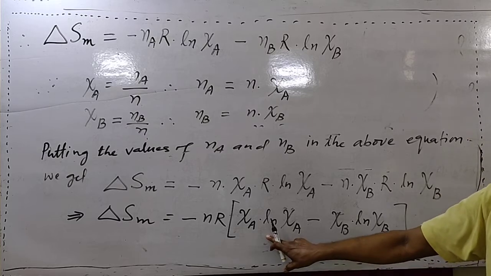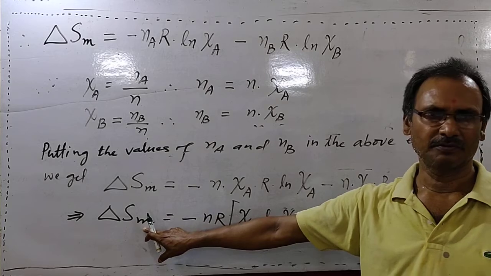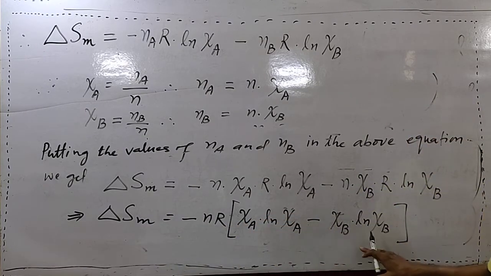This is the expression for the entropy change of mixing of two ideal gases A and B.